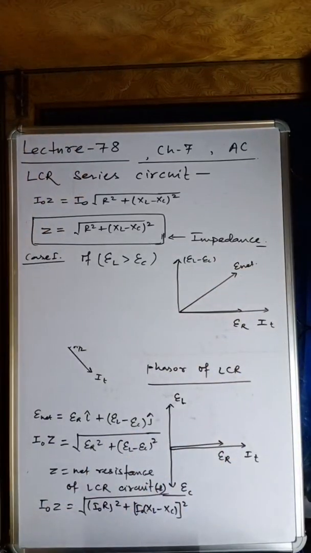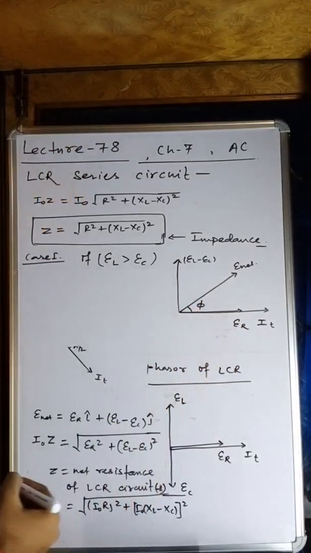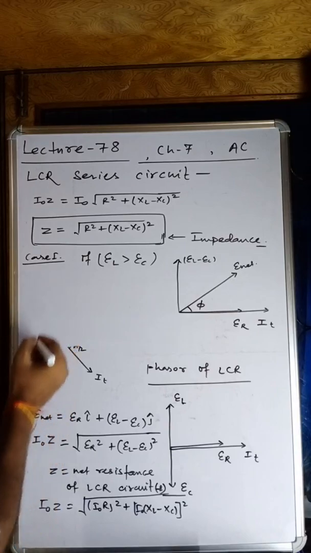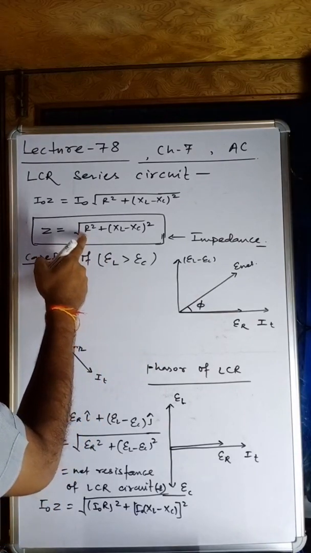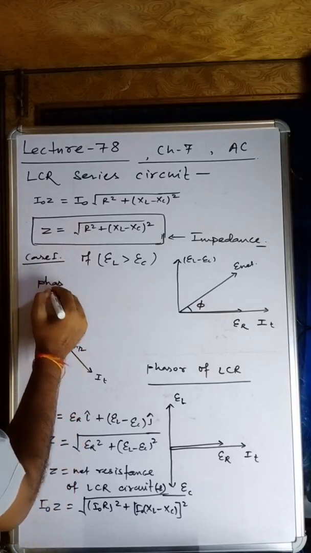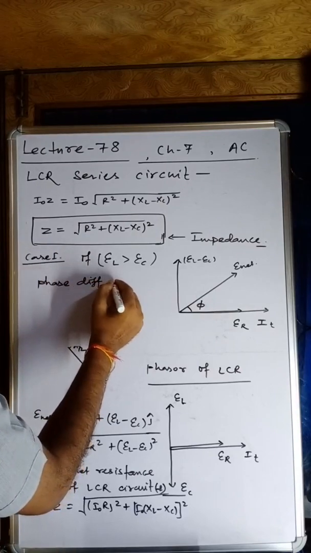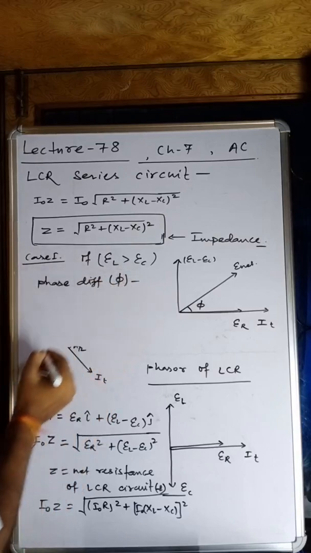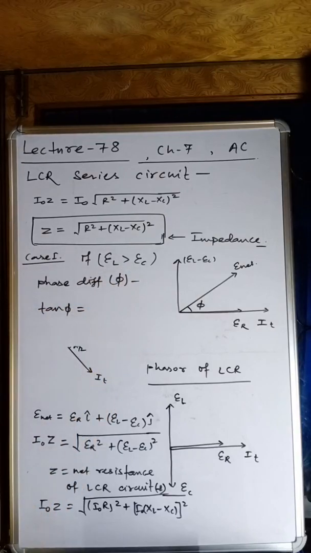Okay, my dear students, this is the net voltage, and this is the angle between current and net voltage, called the phase angle. So Z is similar to this one, but for the phase difference, which is phi, we can write tan phi equals y by x.